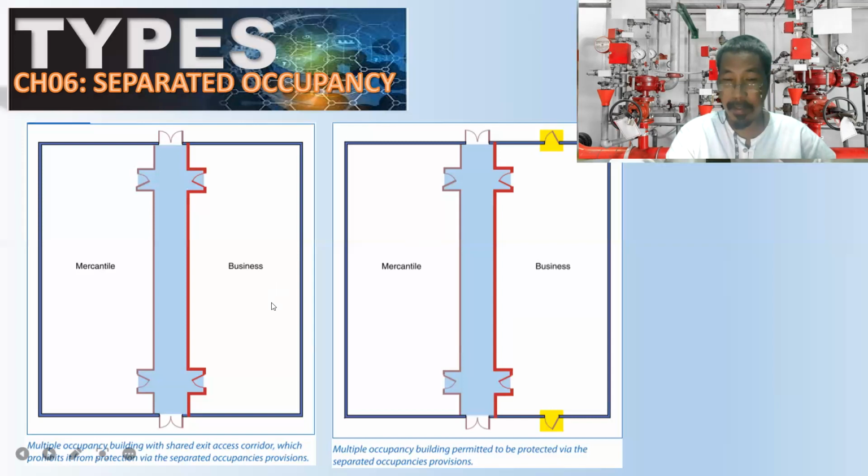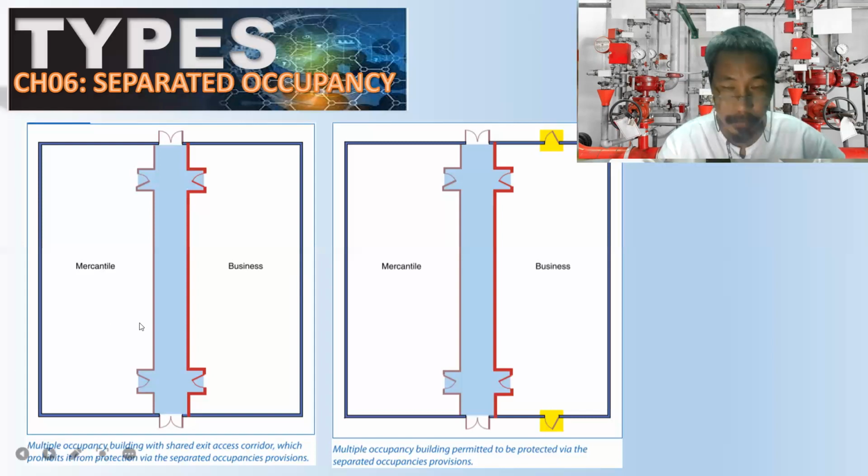Like for example, paperworks. Okay, so that is business area. Paperworks, accounting work, delivery department. Okay, so they are not displaying things and they are not selling things, so they are business.